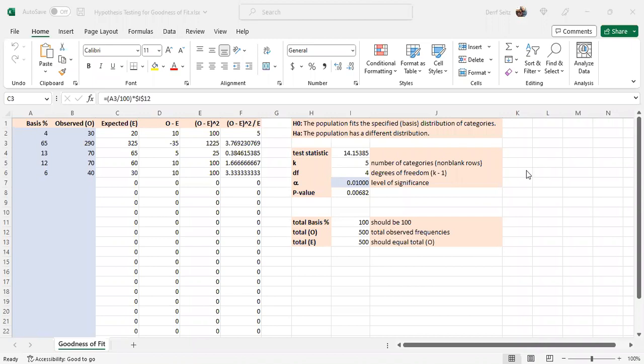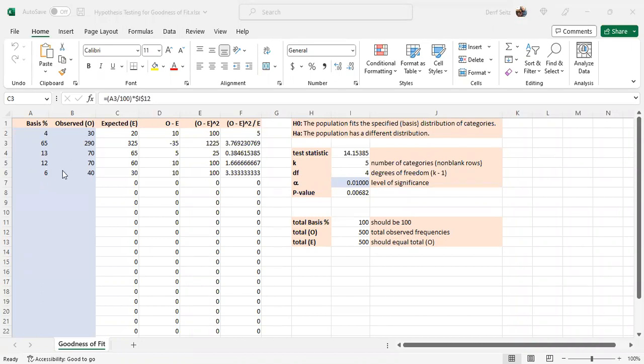This video shows how to do hypothesis testing for goodness of fit using Microsoft Excel. The idea here is that you're given a distribution of categories, which is referred to in this sheet as the basis, and the categories are given as percents.